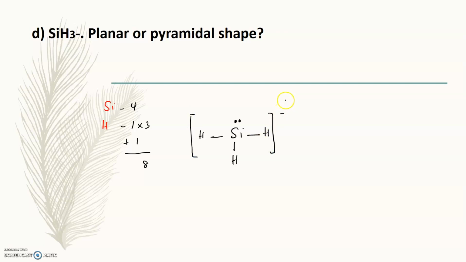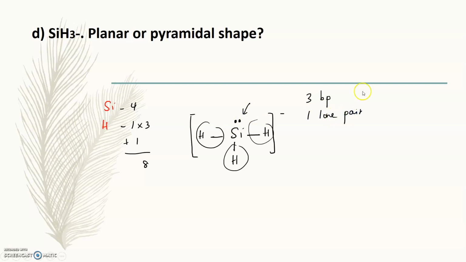And then to know the geometry, we look at the bonding pair or how many bonded atoms. So there are 1, 2, 3 bonding pairs or 3 bonded atoms towards central atom. And then is there any lone pair on central atom? Yes, focus on central. There's 1 lone pair.